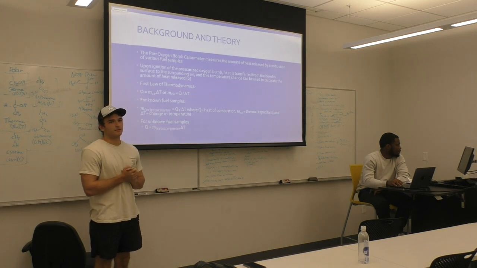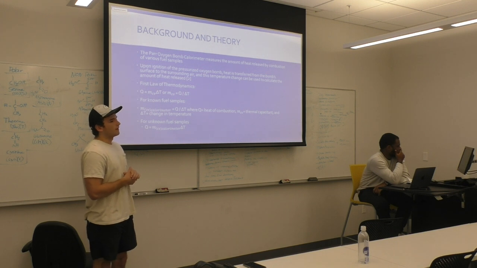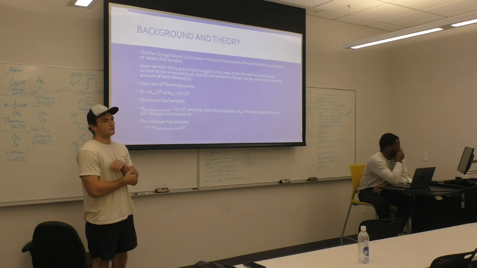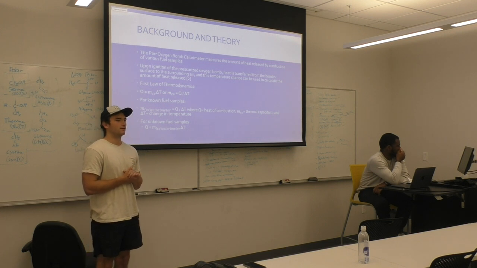So a little bit about the background of the experiment. The PAR oxygen bomb calorimeter measures the amount of heat released on combustion of various fuel samples. In this experiment, we used benzoic acid and a Skittles gummy.